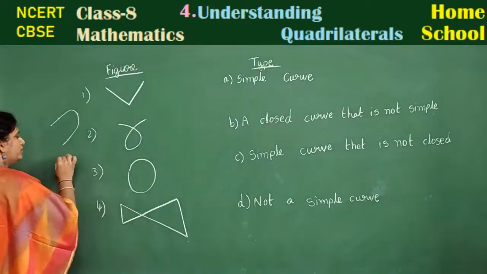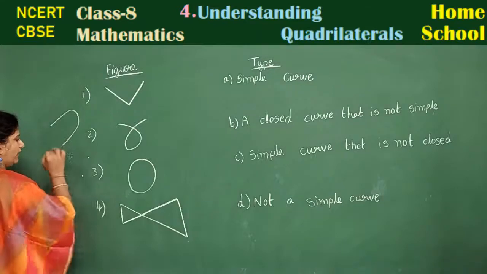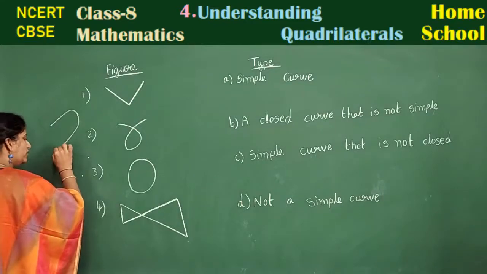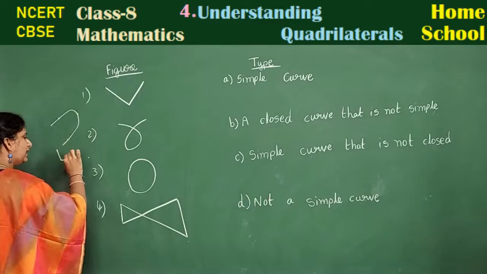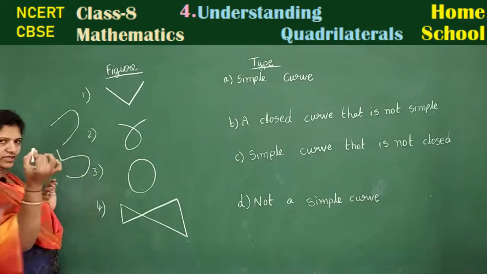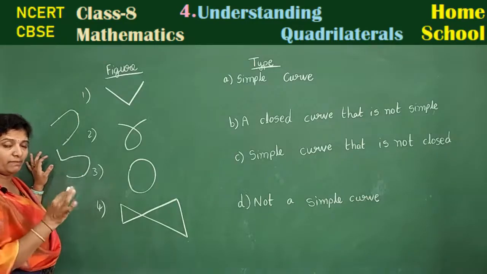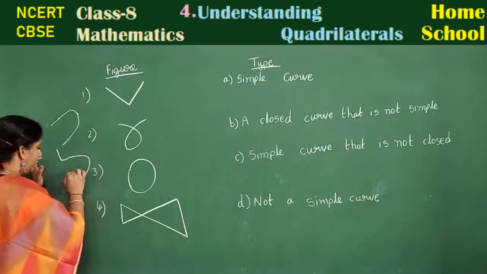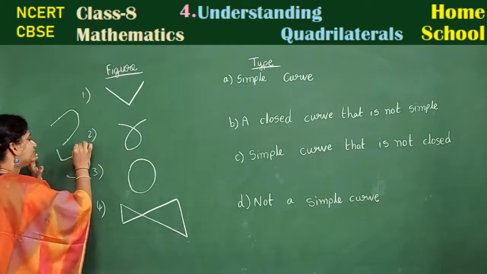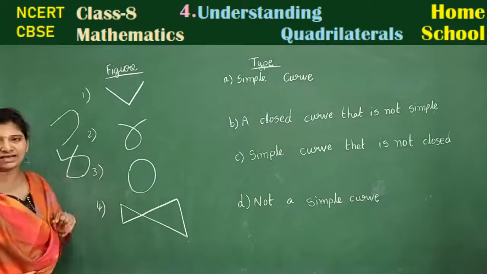And one more. Suppose I take it like this. Here you can see carefully, if I join without lifting the chalk piece, I have drawn this. This is also a plain curve. And now if I try to join one more point like this, what has happened?